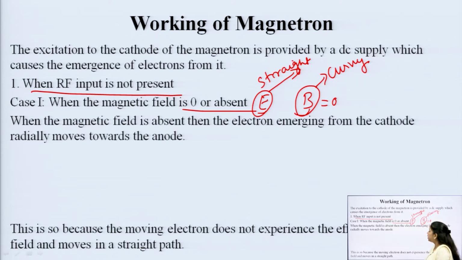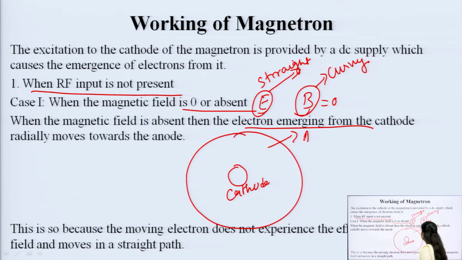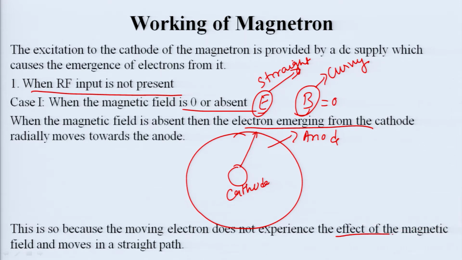So, when the magnetic field is absent, consider the electron emerging from the cathode. If we assume this as the cathode, and the outer one of course is the anode, which is represented by the cylindrical cell. When the electron emerges from the cathode, it moves towards the anode in a straight line. This is because the moving electron does not experience the effect of a magnetic field and moves in a straight path.